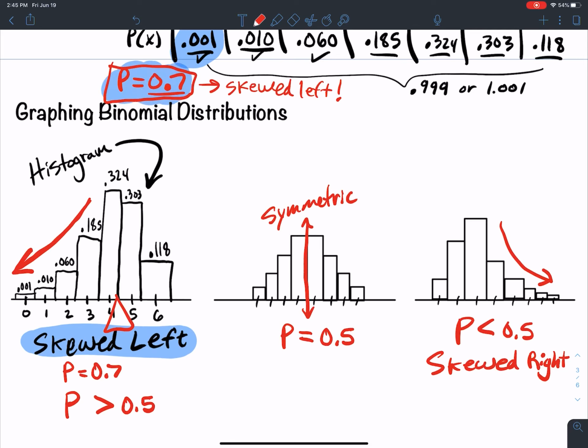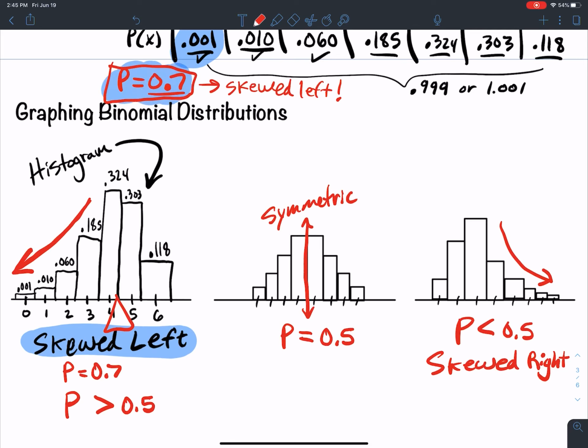You should be able to say, well, the probability of success is greater than 50%, so it's skewed left. The way you think about it is, if there's a higher chance of success, there's going to be more successes than failures. So if you have 6 total trials, more successes than failures is like 4, 5, or 6 successes. If I have a probability greater than 50%, I'm going to be in one of these categories.